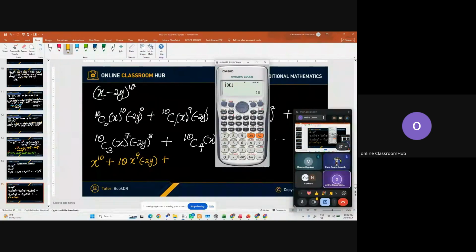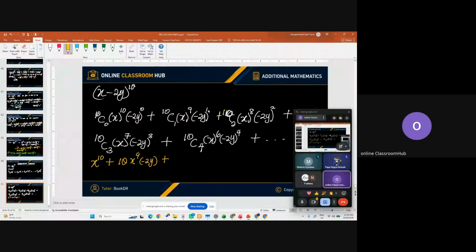Let's let the calculator help us. 10 combination 2, the same process. Or you can come and edit this one. So I just want to edit it and move the 1 and put the 2 there. So this is 10 combination 2, press equal to, and that is 45. Okay. So here is 45 for the coefficient.